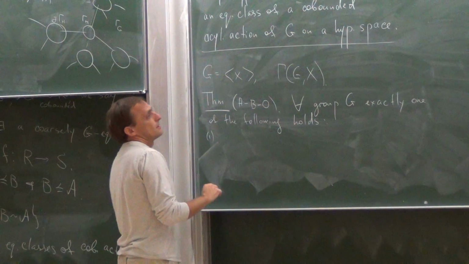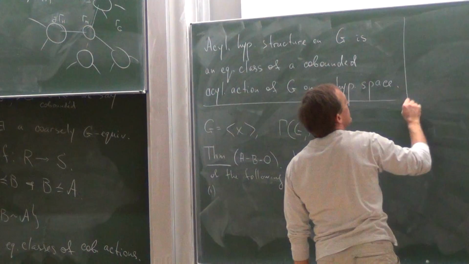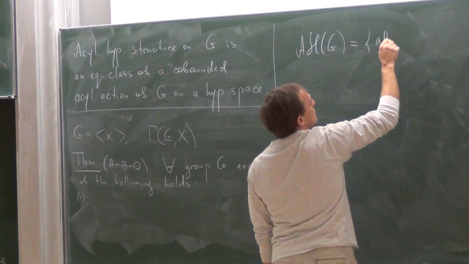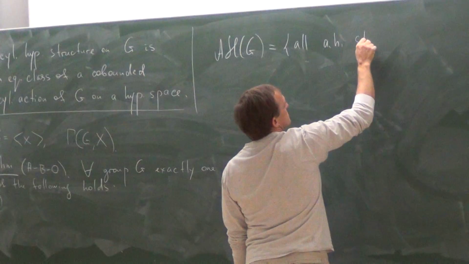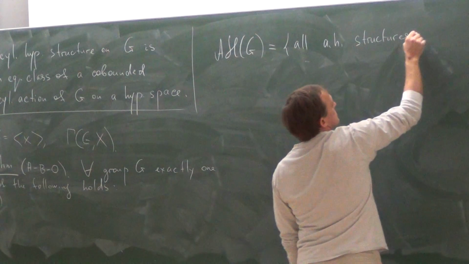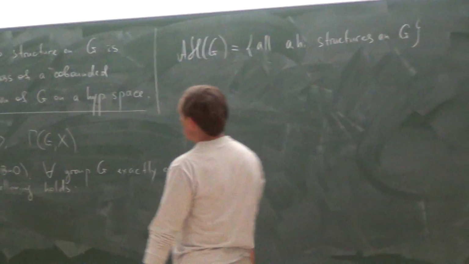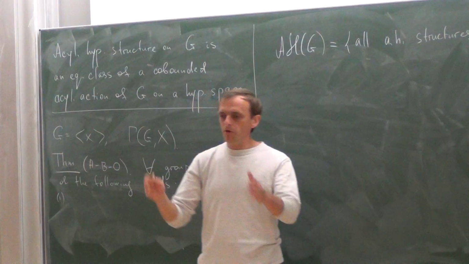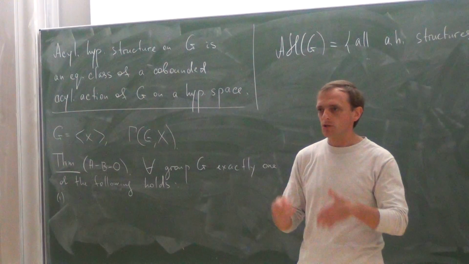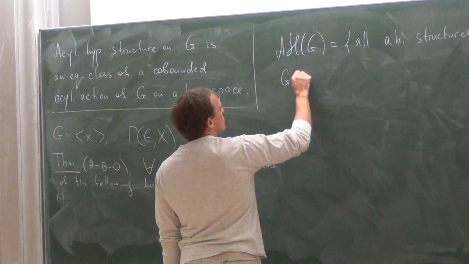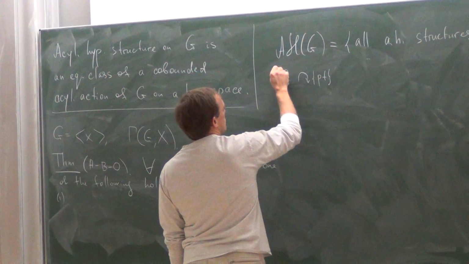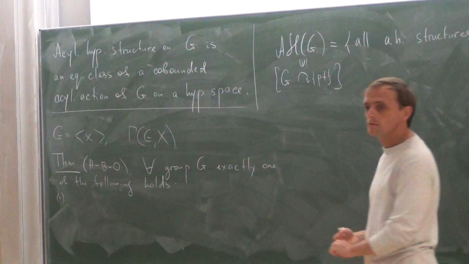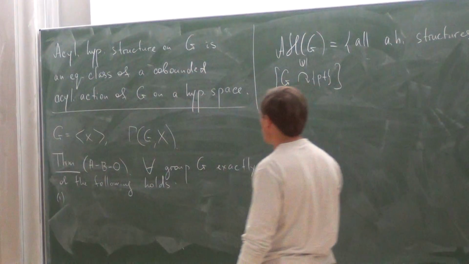Okay, let's denote by AH of G the set of all acylindrically hyperbolic structures on G. So, as you can see, I don't require here the action to be non-elementary, which means that for every group there is at least one acylindrically hyperbolic structure, the elementary one. So, the action of G on a point, or rather its equivalence class, is always inside this set. So this set always has cardinality at least one.